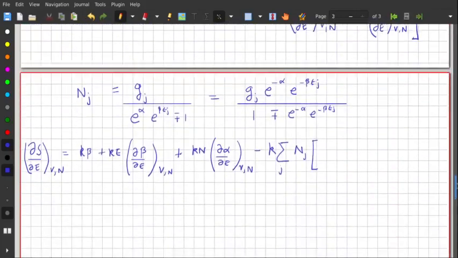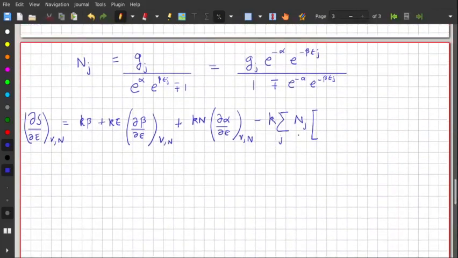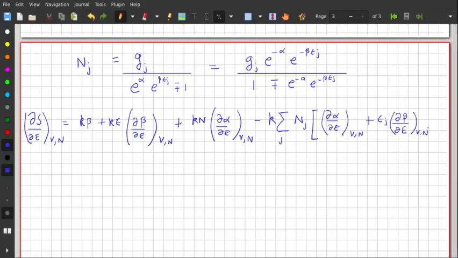So minus k sum over j and j, and then we have partial alpha partial E at V, N plus epsilon j partial beta partial E at V, N. This is the final expression for partial S partial E, but realize that sum over j and j is N, and sum over j and j epsilon j is E.